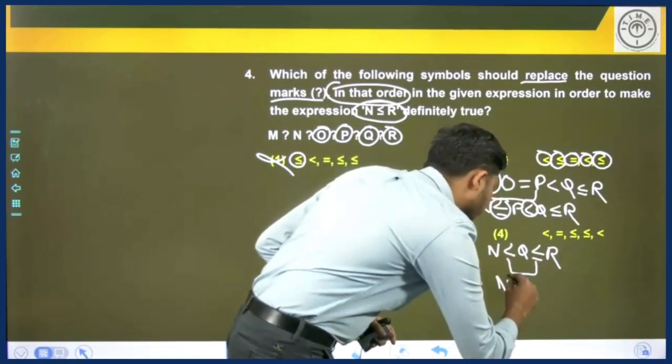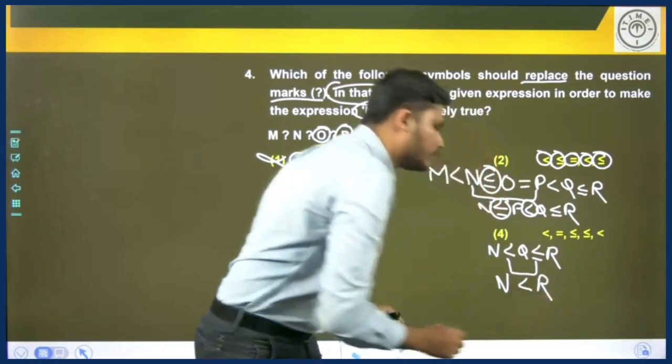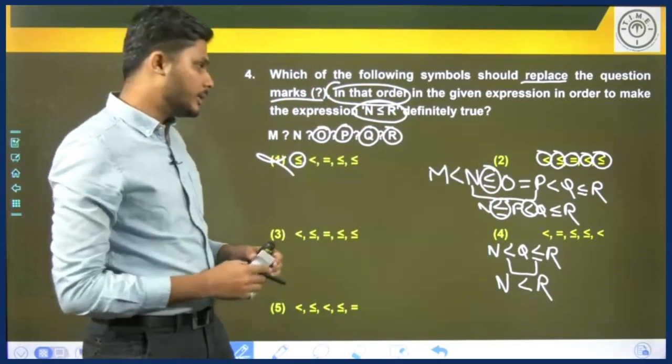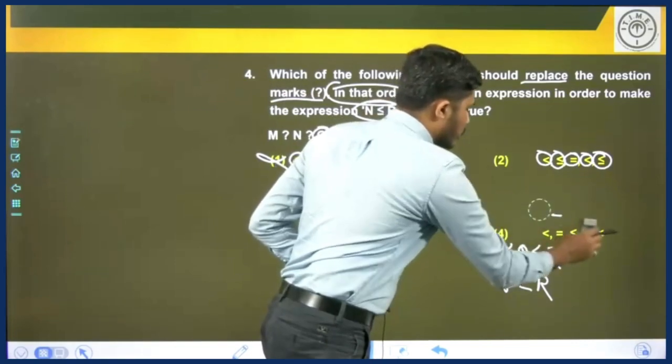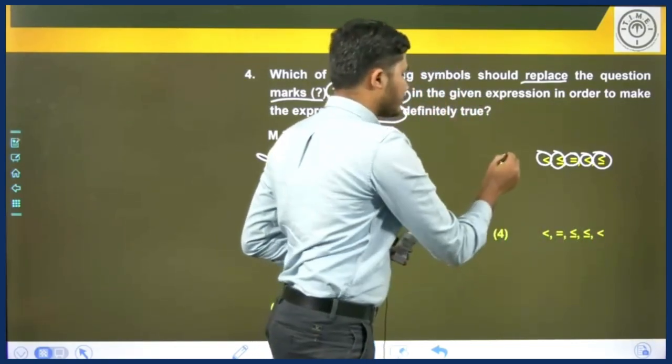The relation between N and R will be N less than R, which does not follow the given condition, hence option 2 is also eliminated.